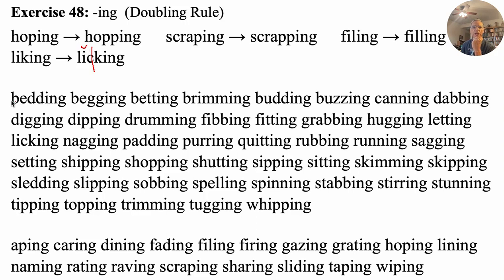All right. Now, this first group of words right here, the consonant is doubled, and so the vowel is short. In the last group of words, the letters are not doubled between the syllables, and so the vowel in each of these words is going to be long. Notice I've divided these up into two groups.